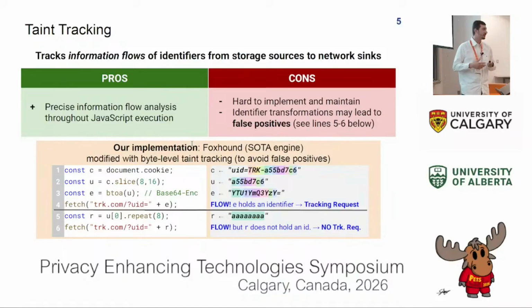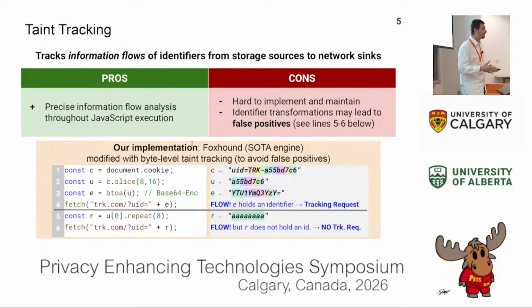The other technique that we evaluate is taint tracking. This is a more principled approach that tracks information flows from storage sources, for example document.cookie, JavaScript sources, to network sinks, for example, the common sinks fetch or XHR. As it is more principled, it captures information flows throughout JavaScript execution with more precision.